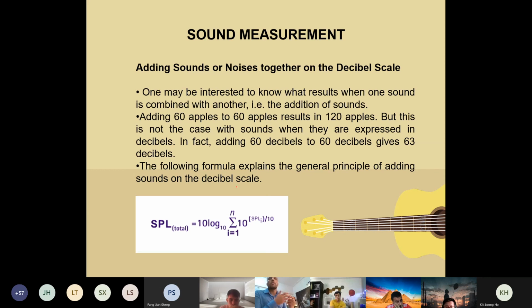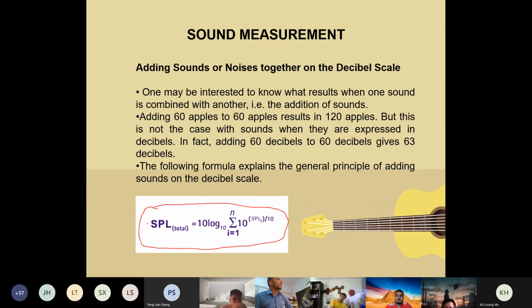So if you want to calculate the level of sound, you cannot just go, okay, this baby is crying, the sound level is 40 decibels. This phone is ringing 20. This guy is singing another 40 decibels. So, okay, you just sum them. No, it's totally wrong that way. So basically you have to use this equation.